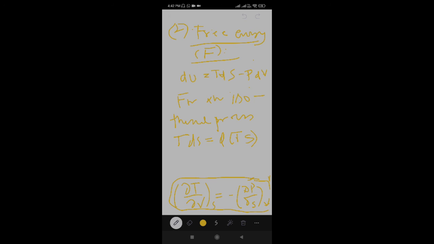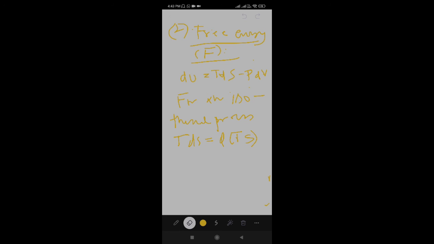How? Since T is constant, you are taking it outside and just differentiating dS, so again you get TdS. So TdS is equal to just d of TS for an isothermal process.